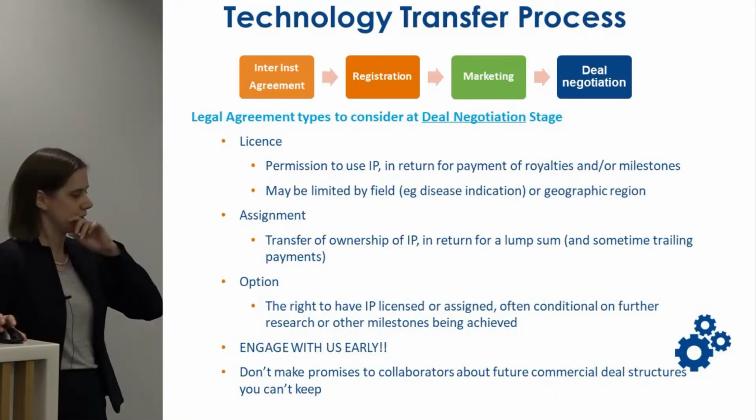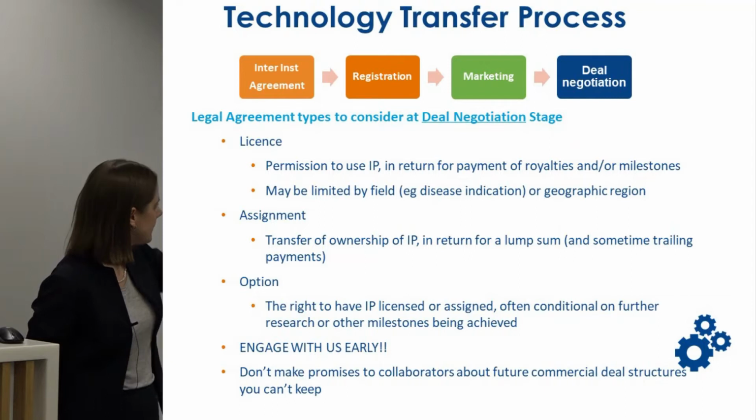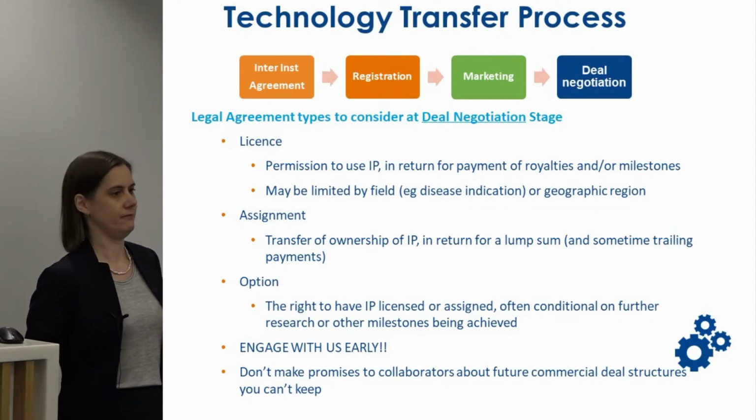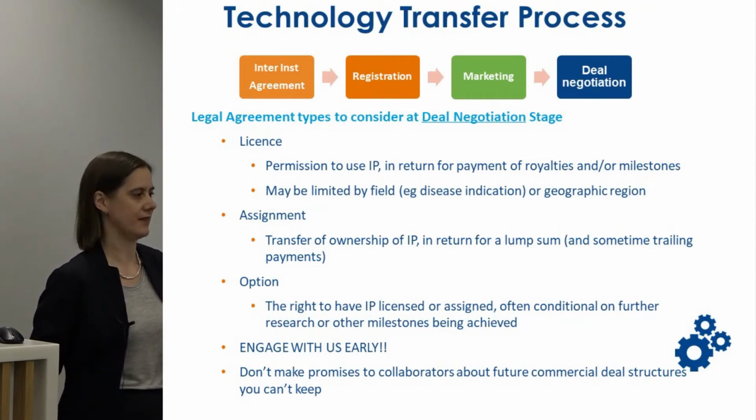And then we won't really touch on this today, but obviously at the commercialisation, the external deal stage, very much the contracts are a central and key part of that.